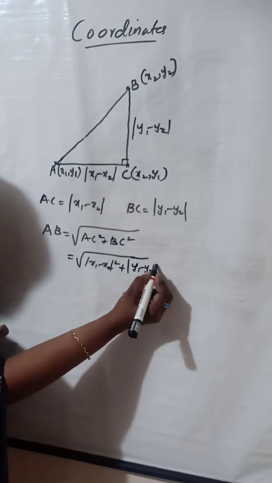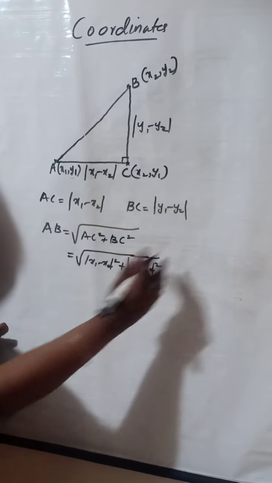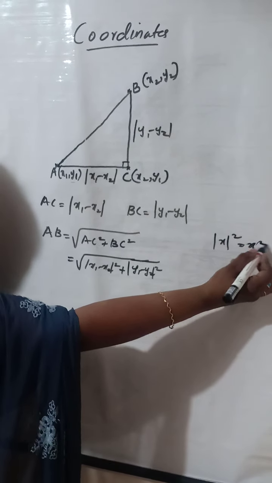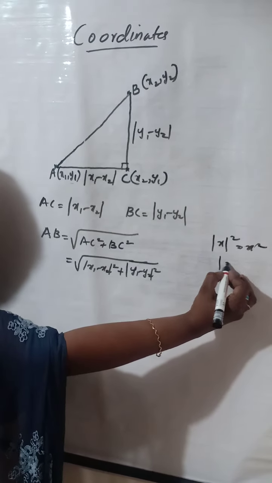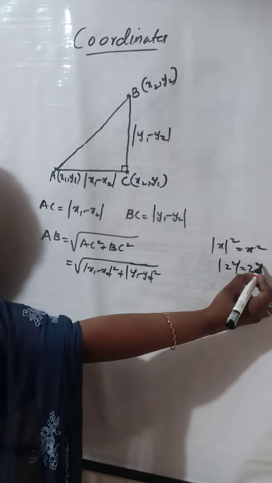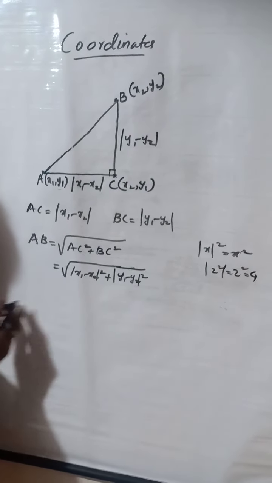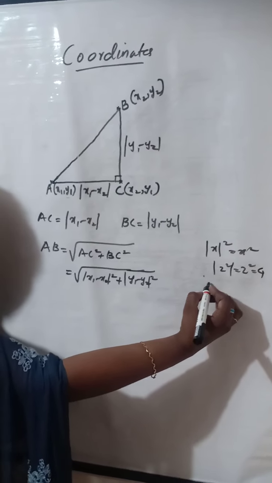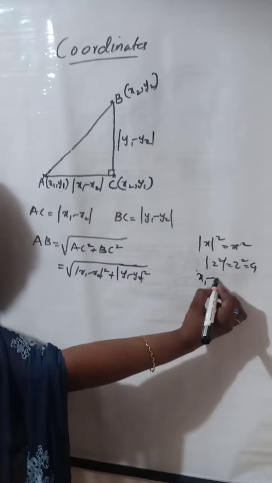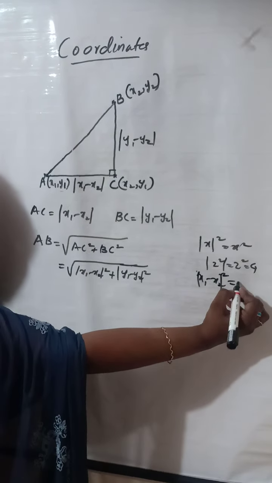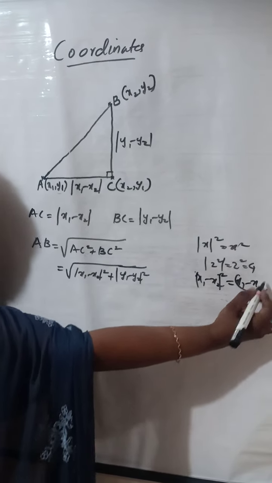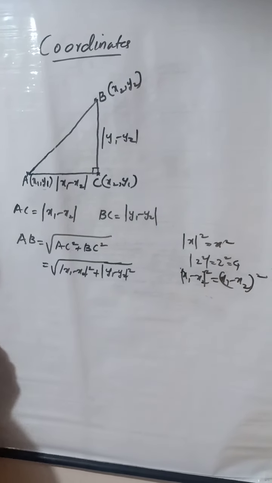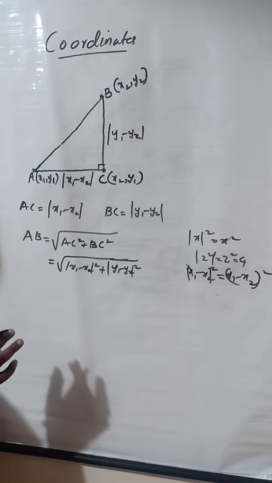minus y2) whole square. We know the modulus of x square is the same as x square. For example, modulus of 2 square is the same as 2 square. So similarly, the absolute value of x1 minus x2, the whole square, is the same as (x1 minus x2) whole square, and the same for y.